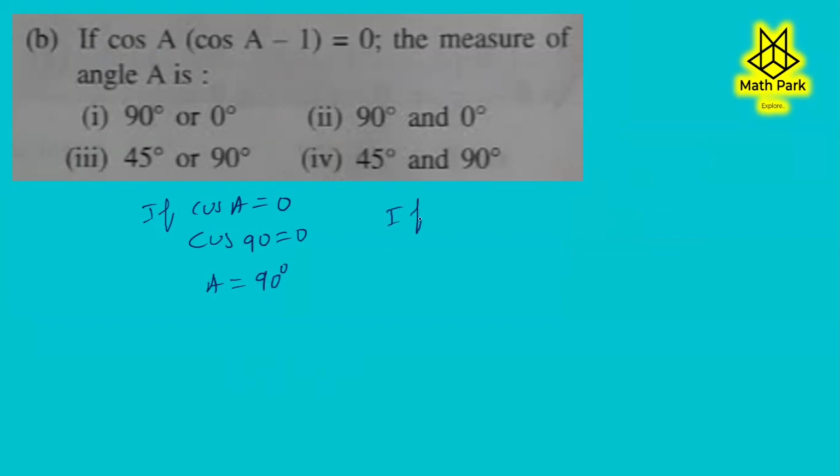If you take cos of A minus 1 equals 0, then you get cos of A is equal to 1. And we know that cos of 0 degree is equal to 1. So the answer is either 90 degrees or 0 degrees. It cannot be 'and', so it is 'or' because we are taking the factors. So always 90 degrees or 0 degrees is the correct option.